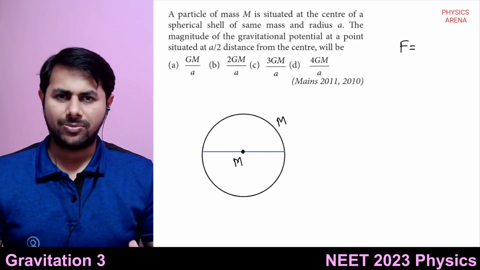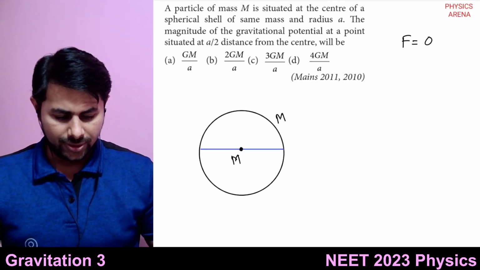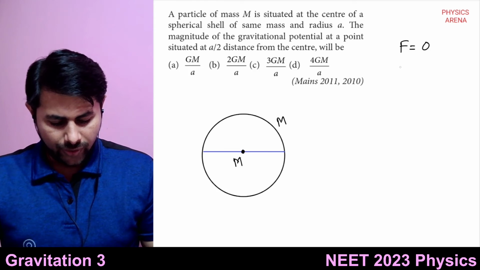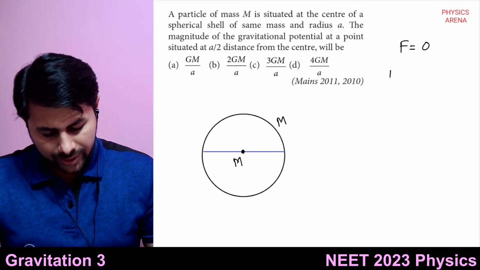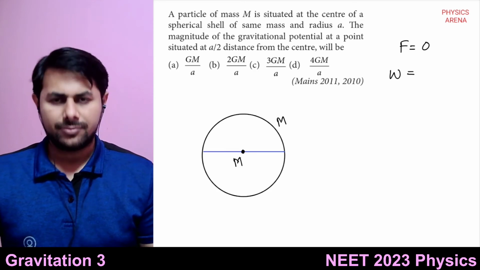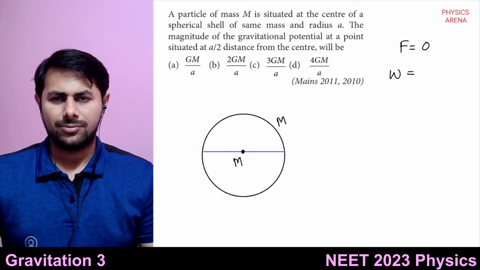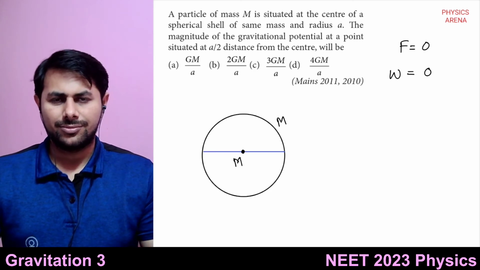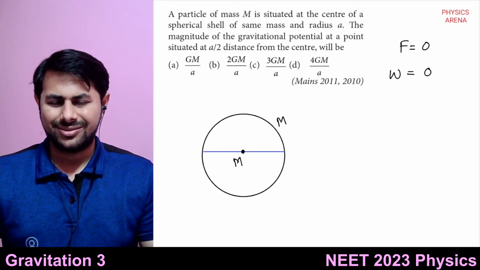Okay. So gravitational force is equal to 0. So if force is 0, what will be the work done to move a mass inside the shell? It will be 0. Yes, no.